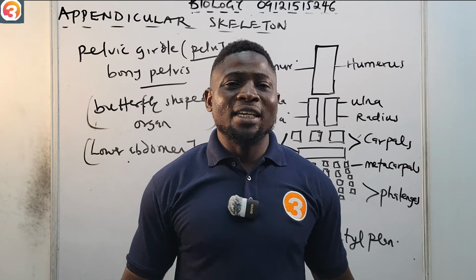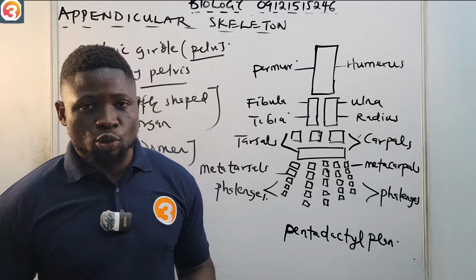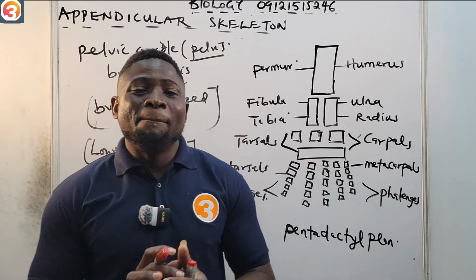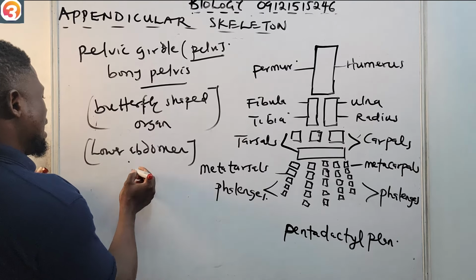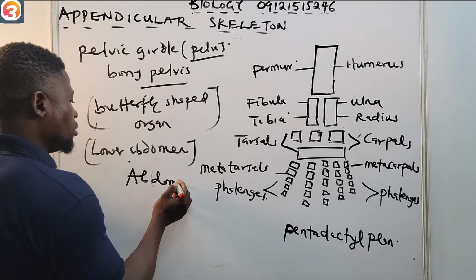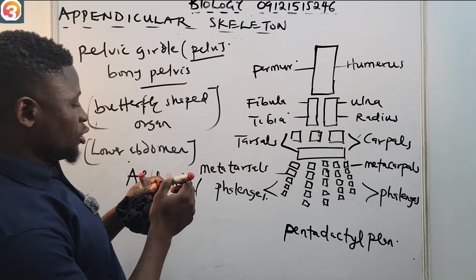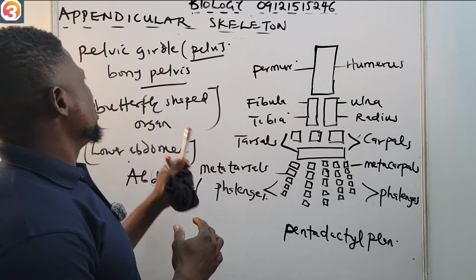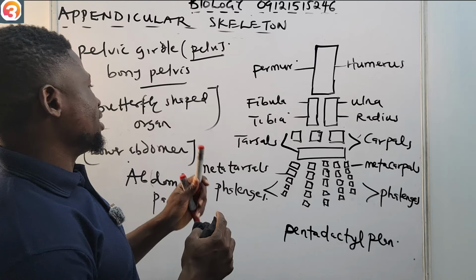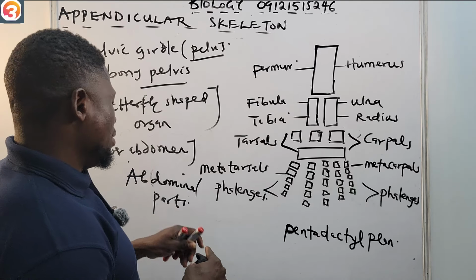It is found in our lower abdomen, and it's said to protect internal organs. Also, it protects our abdominal parts. Please take note of that. So the pelvic girdle, called the pelvis or the bony pelvis, is a butterfly-shaped organ found in our lower abdomen to protect our abdominal parts.